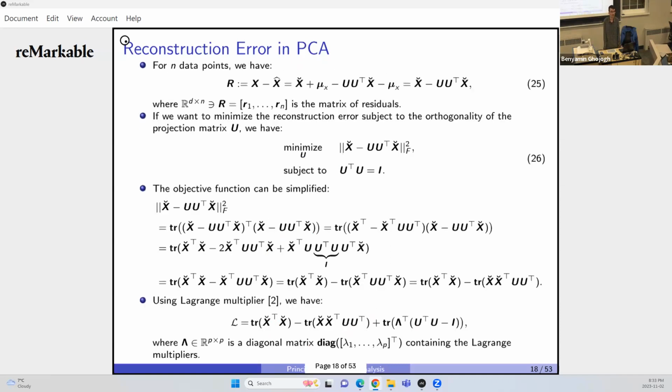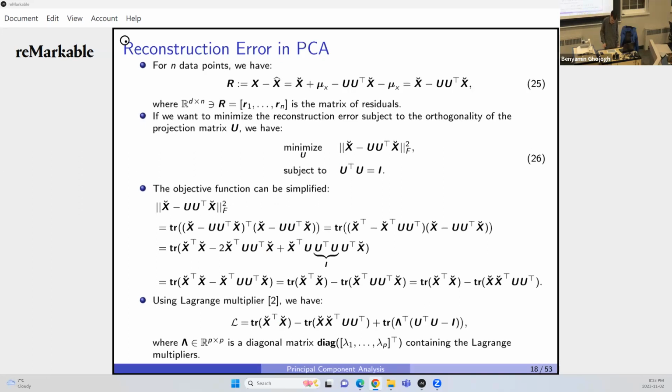Now, as I said, we can have various optimization problems for forming PCA. One of them that we previously talked about was maximization of covariance after projection, right? Now this time we can also see PCA in another way. We can minimize the reconstruction error.